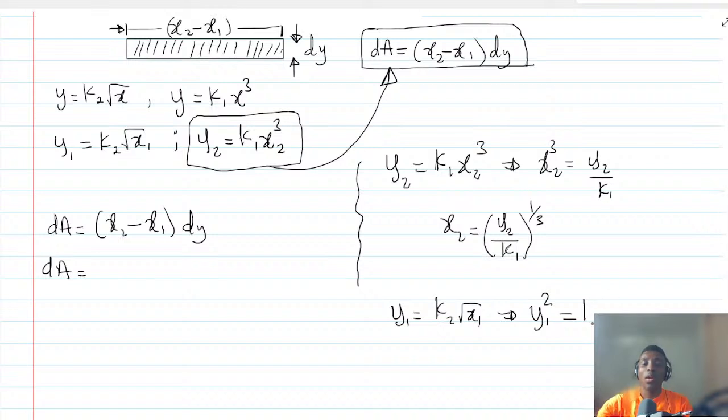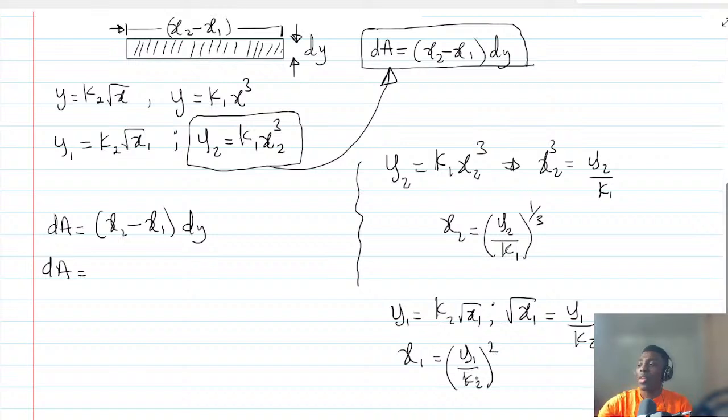So square root of x1 will be equal to y1 over k2. Therefore, if I square both sides, x1 is going to be y1 over k2 all squared.